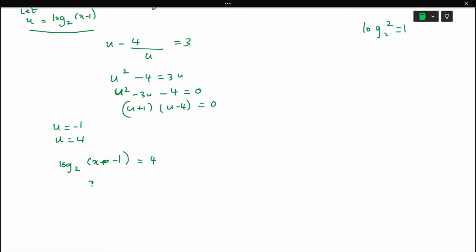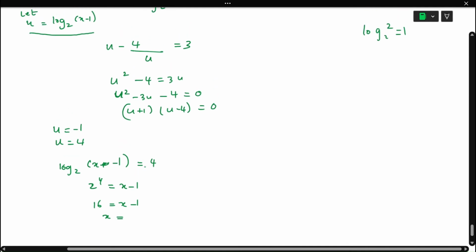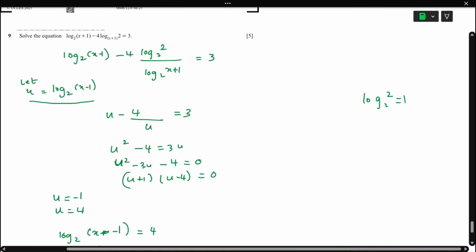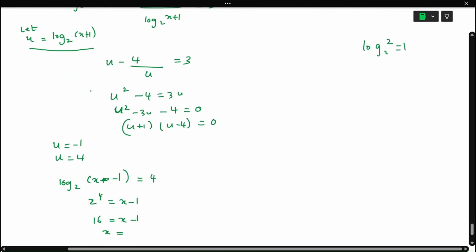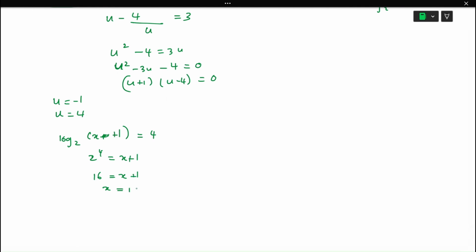Logarithmic to exponent: 2 power 4 equal to x plus 1. 2 power 4 is 16, equal to x plus 1. Sorry, everything is plus 1, so 16 equal to x plus 1, so x equal to 15.